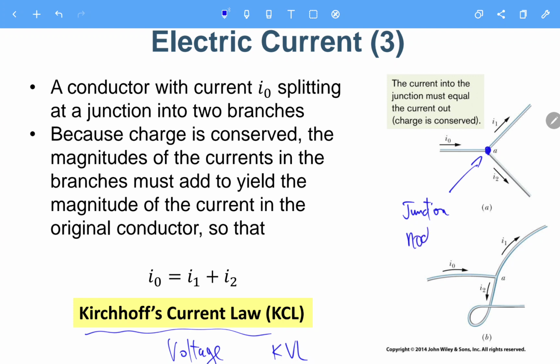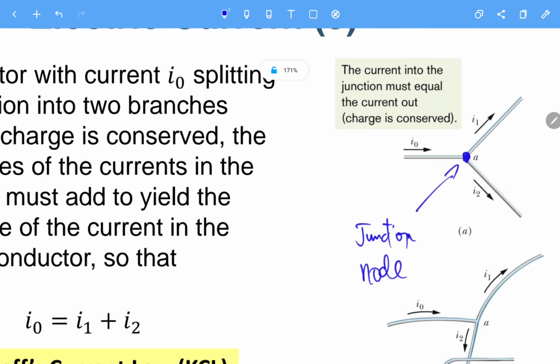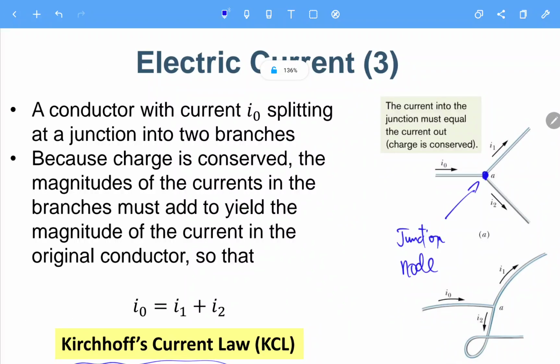or a node. A node is 节点, or a junction, which is some crossing point. Okay, and then when we consider the current going in and going out, there may be some current going in, there may be some current going out. So if we consider the total current going in, in this case there are only 3 branches for this junction.